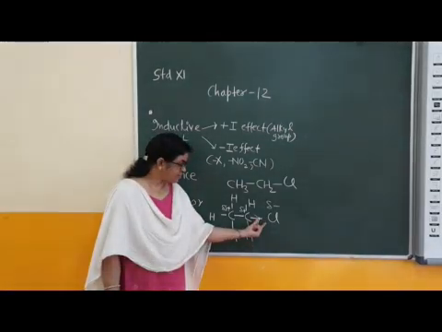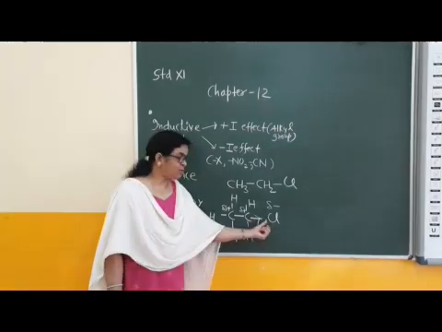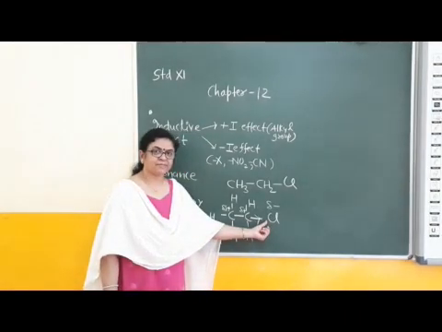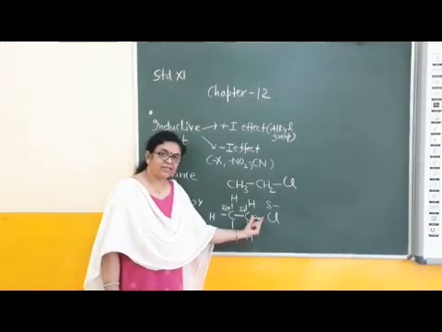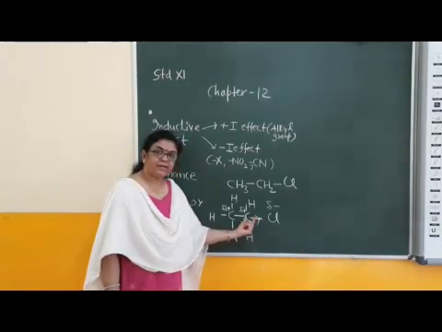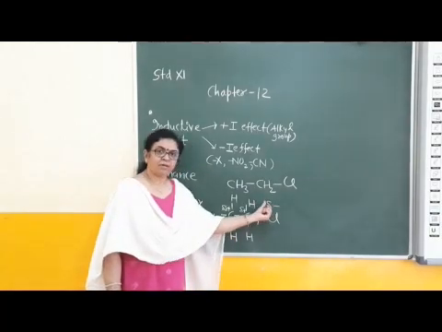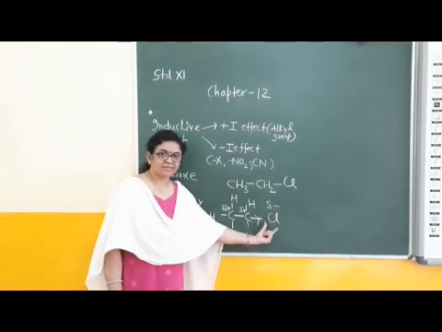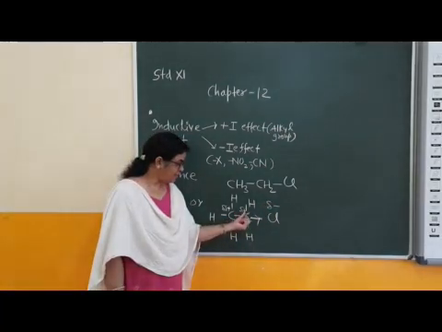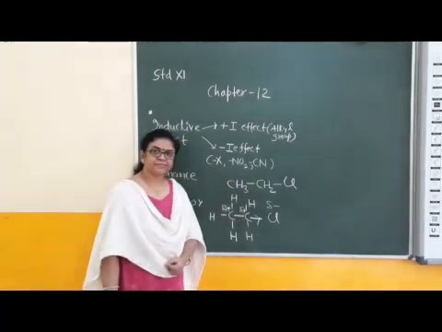Then what is its effect? Development of polarity. This carbon halogen bond is a polar bond, right? The effect of this polarity induces polarity in the adjacent bond. Del minus shows partial negative charge on this chlorine, and del plus means partial positive charge on this carbon.